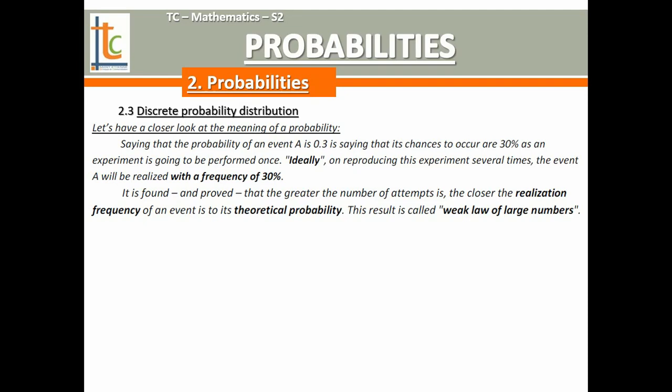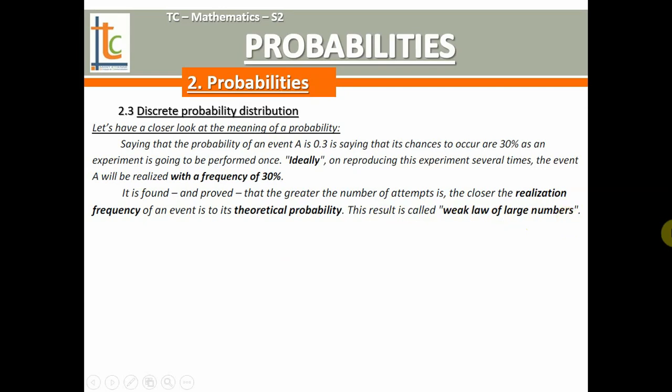If an event has 30% chances to occur, let's realize your experiment a large number of times, and you will see that the concrete realization frequency will be close to 30%. This result is called the weak law of large numbers.